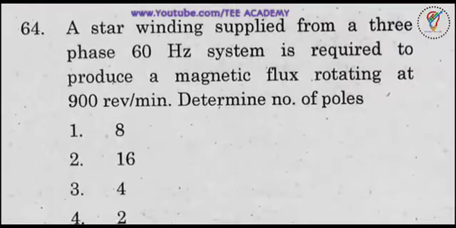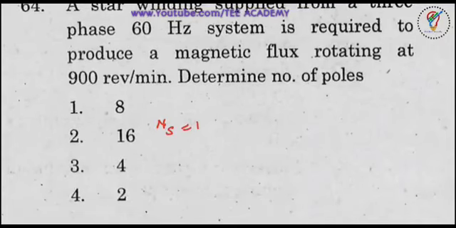A star winding supplied from a 3-phase 60 Hz system is required to produce a magnetic flux rotating at 900 revolutions per minute. Determine the number of poles. Now the general formula here is Ns is equal to 120 F by P, as you know basically. The magnetic flux is rotating at the specified rate of 900 revolutions per minute, so the speed is given in RPM.